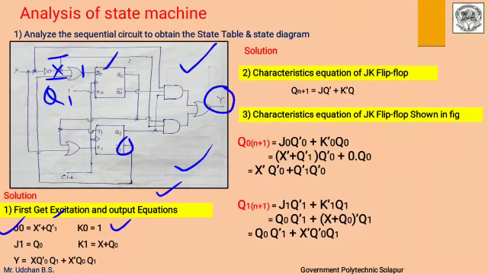After that for J1, it is connected from this Q0, so I will write J1 is equal to Q0. For K1 I will write the output of this OR gate. The inputs to that are Q0 and X, so K1 will be X plus Q0.